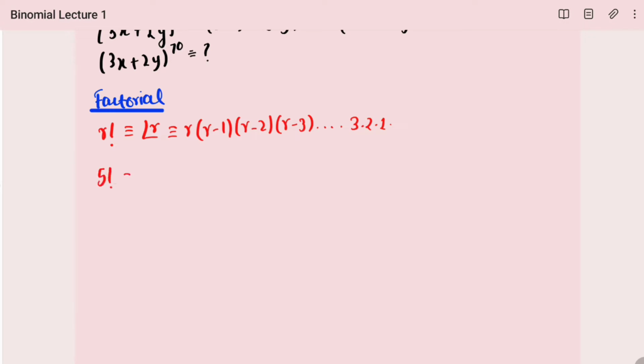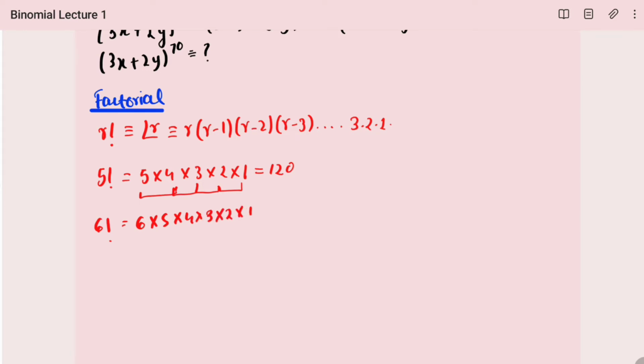So 5 factorial is basically 5 into 4 into 3 into 2 into 1. So 5 times 4 is 20, 20 times 3 is 60, 60 times 2 is 120, and 120 times 1 is 120. So 6 factorial is basically 6 into 5 into 4 into 3 into 2 into 1.